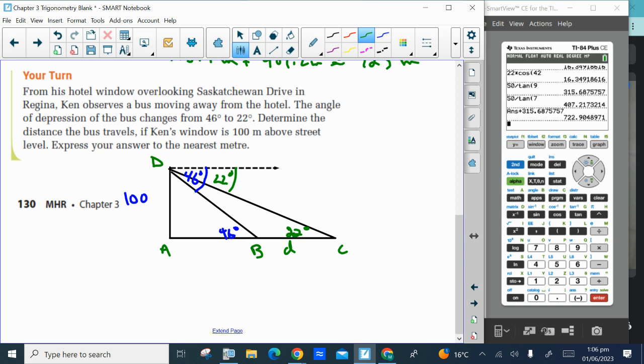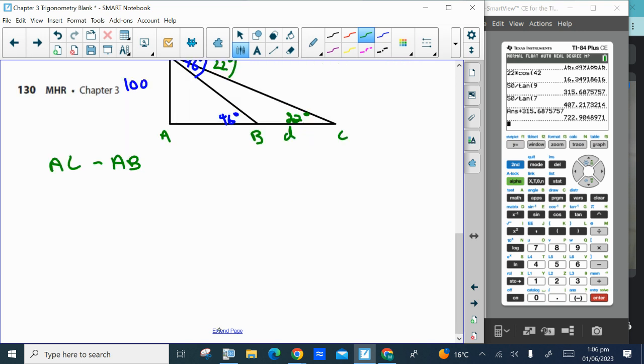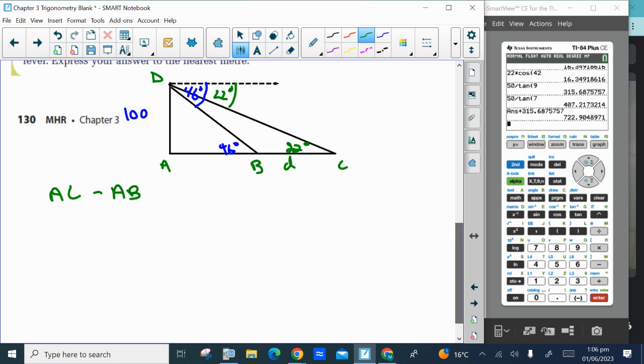So we cannot find it directly. What we have to do is we have to find AC, which is the base of the large triangle, and subtract AB, which is the base of the smaller right triangle. That's what we need to do here to get what we're looking for. So there's our right angle.